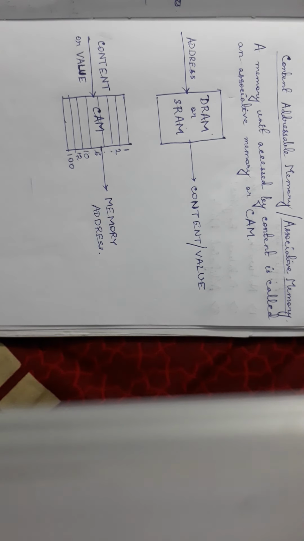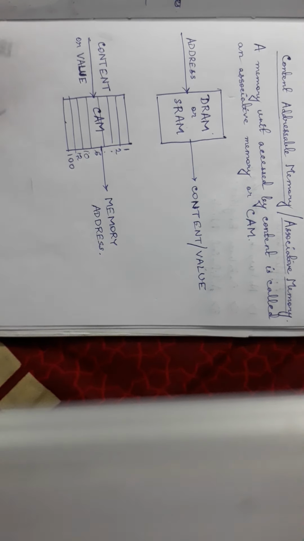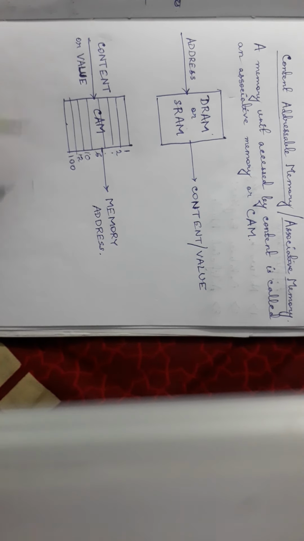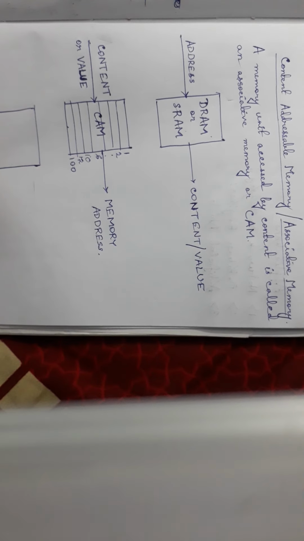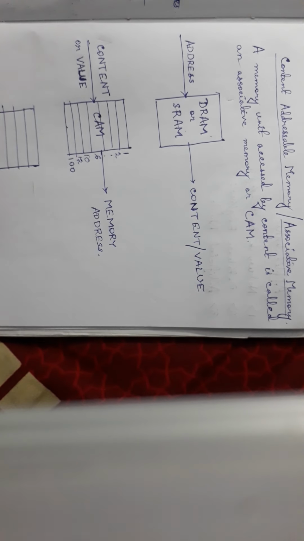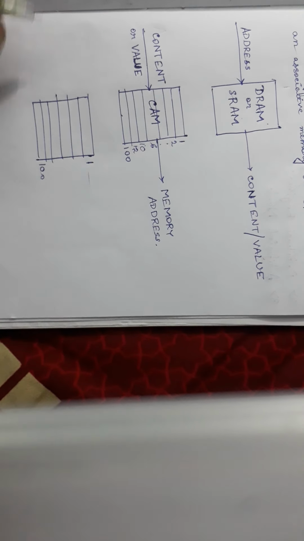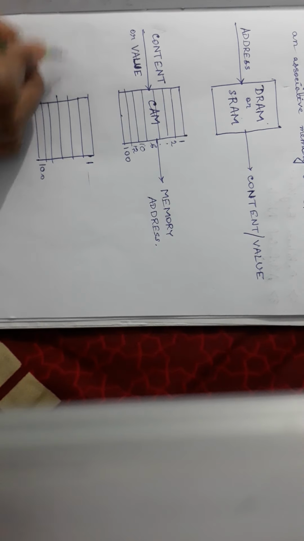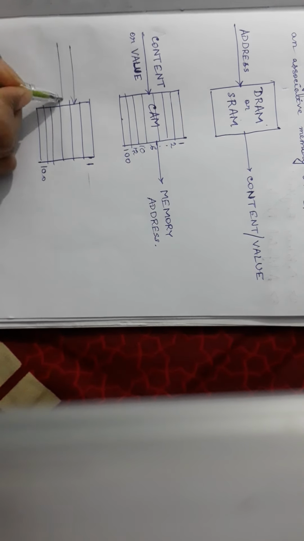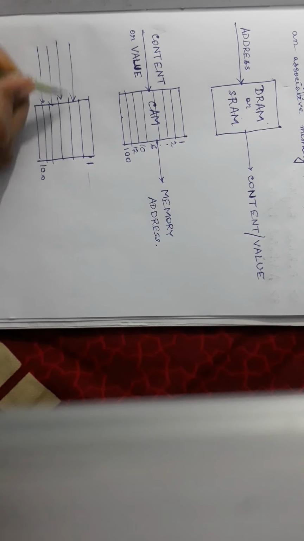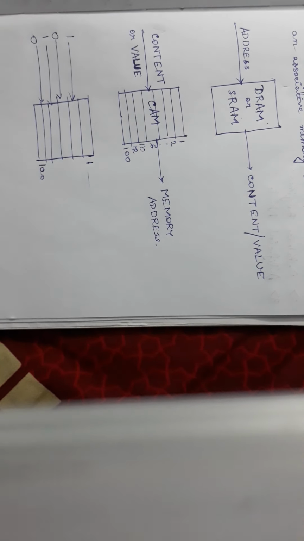So this type of memory is accessed simultaneously and in parallel on the basis of data content rather than by a specific address or location. That means suppose this is a CAM, it has 100 memory locations, and we are giving 4-bit data, 1010.